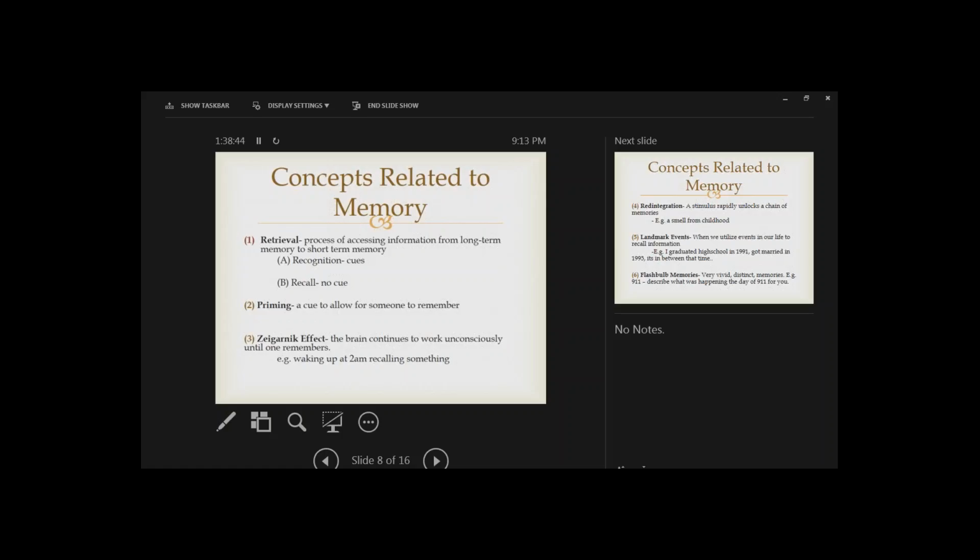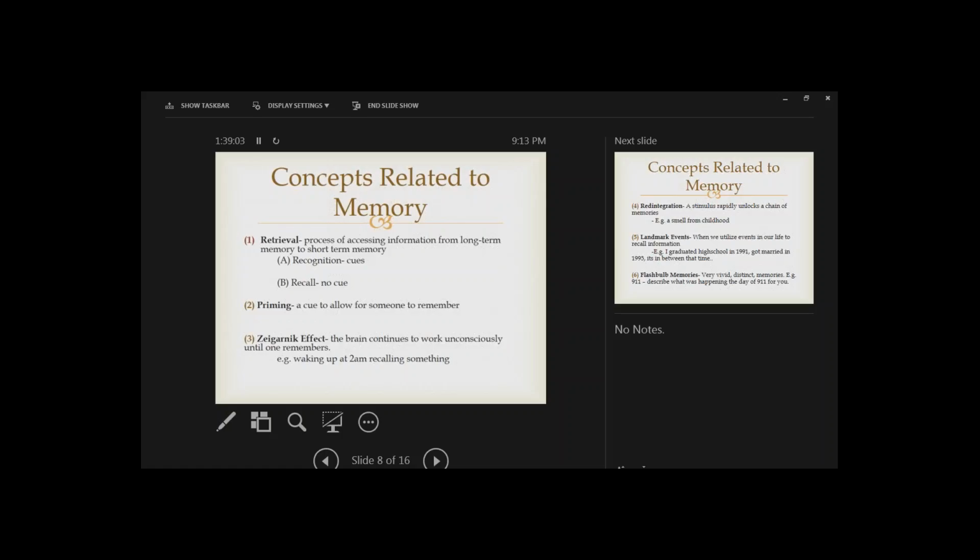Priming. Priming is a term that is used in multiple arenas, but in relationship to memory, it's a cue to allow someone to remember. Sometimes if I ask you a question, I may prime you.